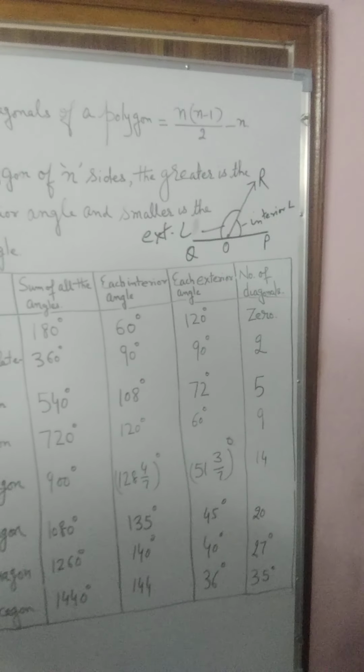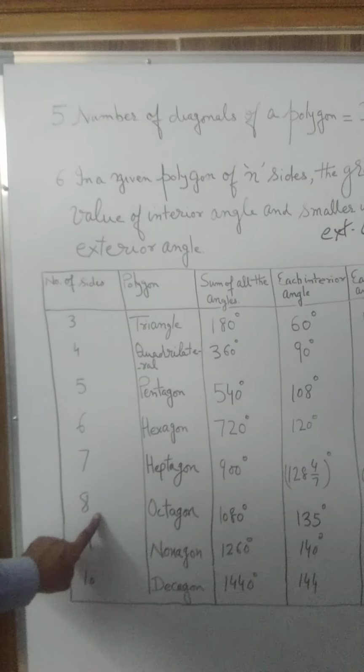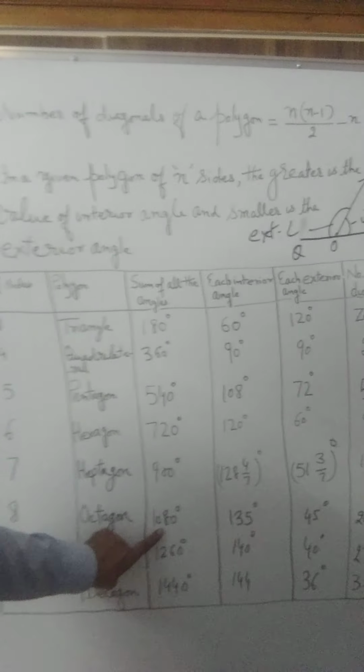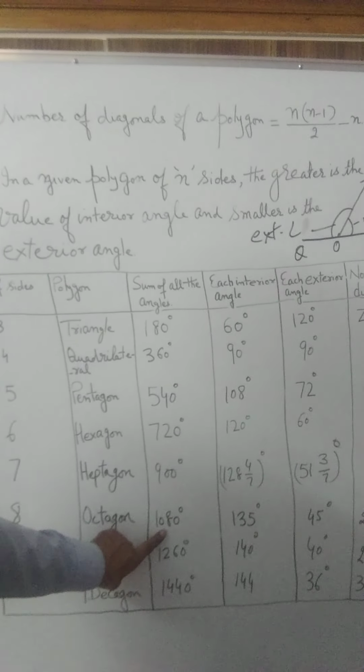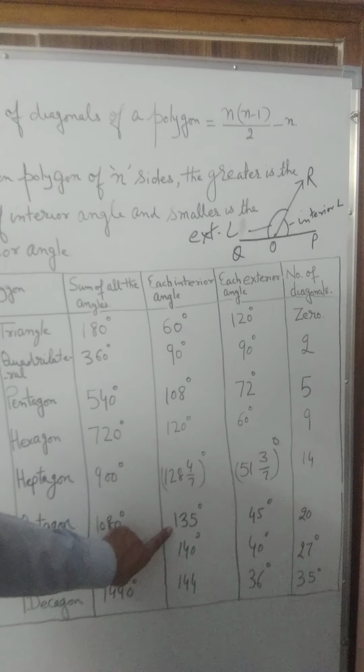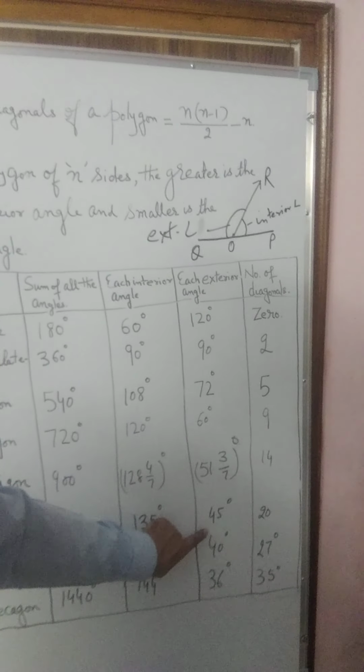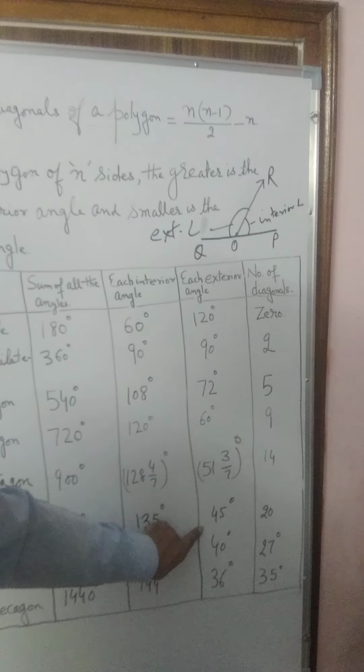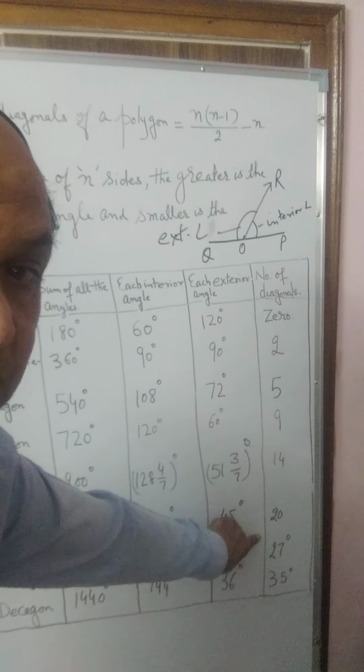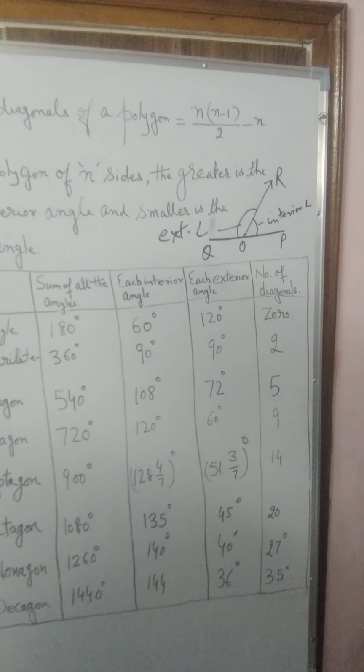An octagon has 8 sides, sum of all the angles 1080 degrees, each interior angle 135 degrees, exterior angle 45 degrees, and number of diagonals is 20. And similarly, we have nonagon and decagon.